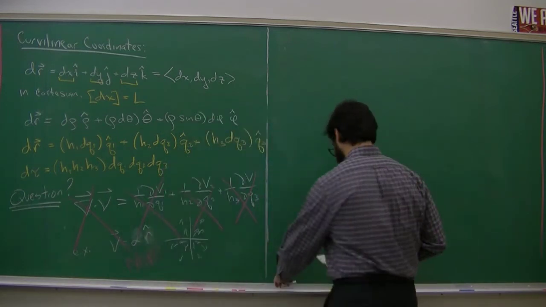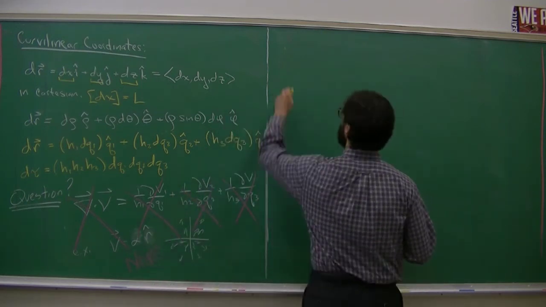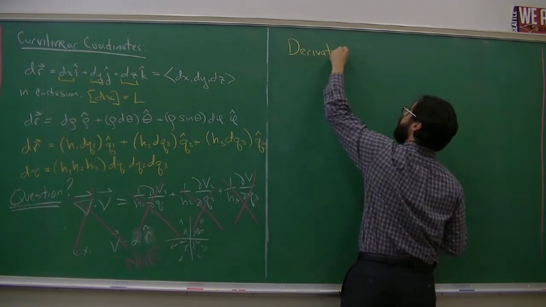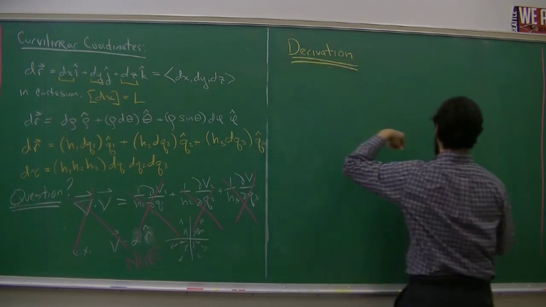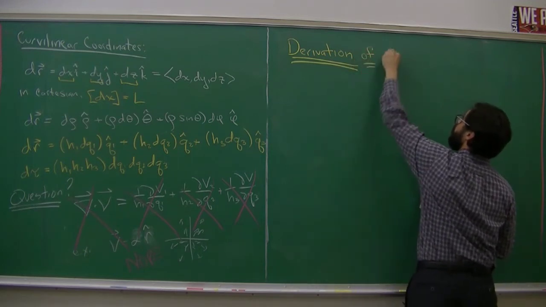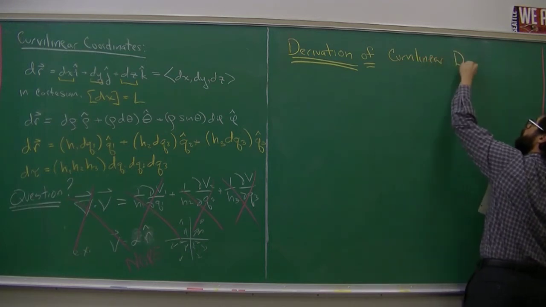But we proceed in the same way that we proceeded when we showed the relationship in between the two limiting forms of the gradient. So, derivation of the curvilinear divergence formula.